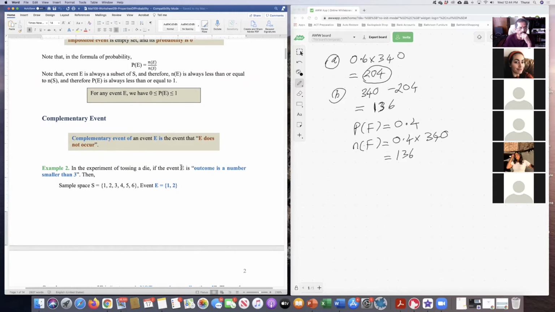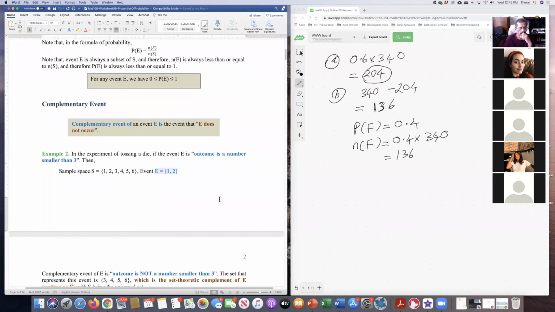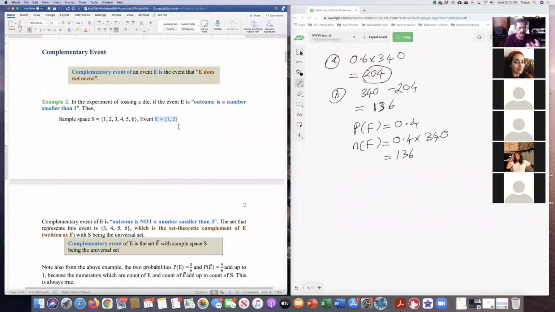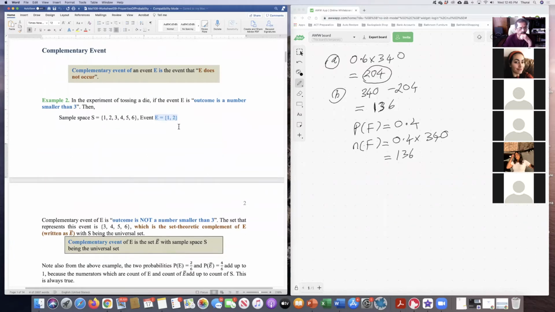If E is defined as the outcome is a number less than 3, I'm tossing a die, E is any number less than 3, that's the event. So sample space is 1, 2, 3, 4, 5, 6. Event E has 1, 2, and the probability of this event is clearly 2 over 6, 1 over 3.